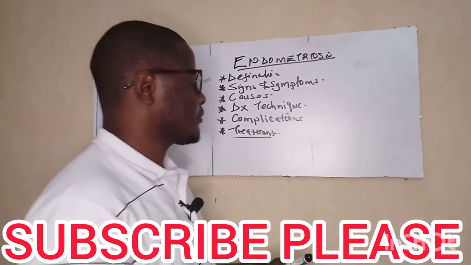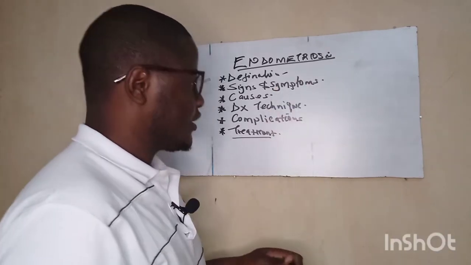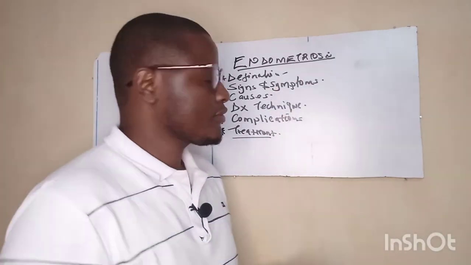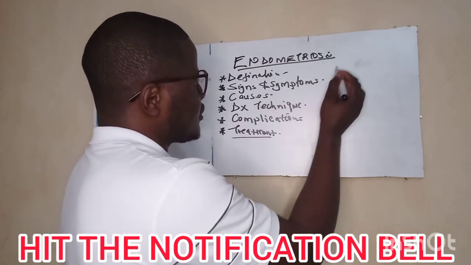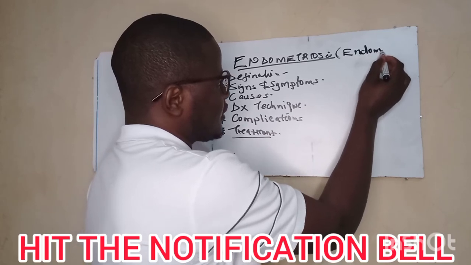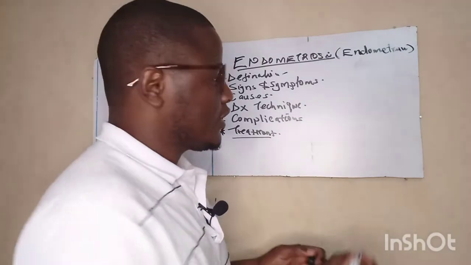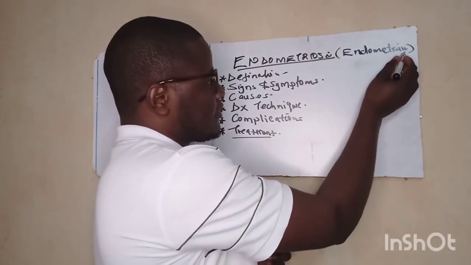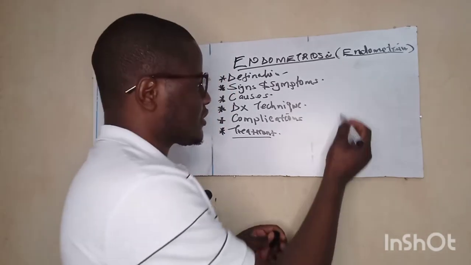So basically, what we mean by endometriosis, this is a condition, and even before I proceed, this endometriosis is coming from the word endometrium. Endometrium is a layer that is found in the uterus.